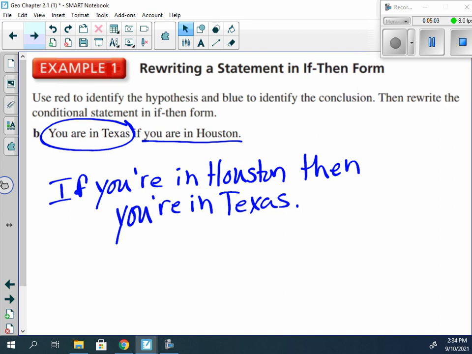No, because you could be anywhere in Texas, not just Houston. It'd be the same as if we said if you're in Oklahoma, then you're in Concord. It just doesn't work that way. But it does work this way: if you are in Concord, you are somewhere in Oklahoma. Questions on this here?